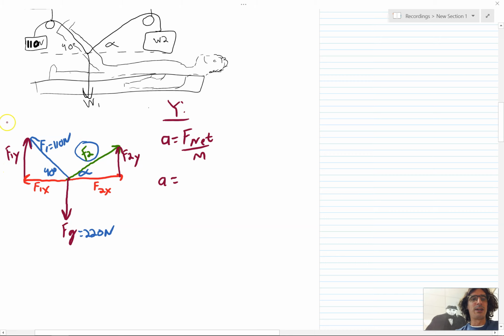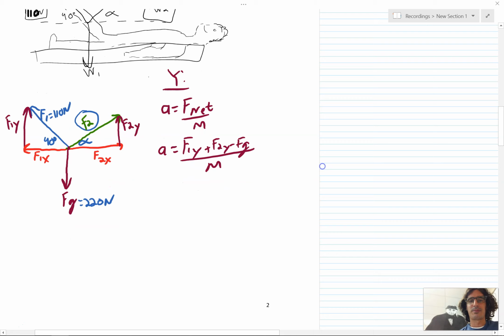We have F1y going up, F2y going up, FG going down. Breaking down F net, that leaves us with F1y plus F2y minus FG all over the mass. Same as the previous problem, multiply both sides by m. ma gives us F1y plus F2y minus FG.